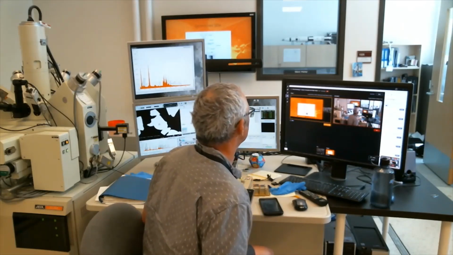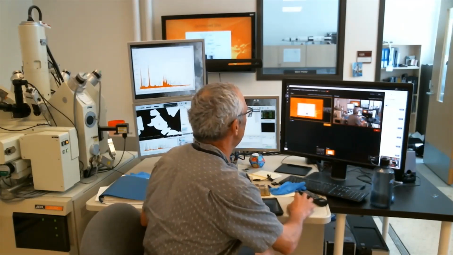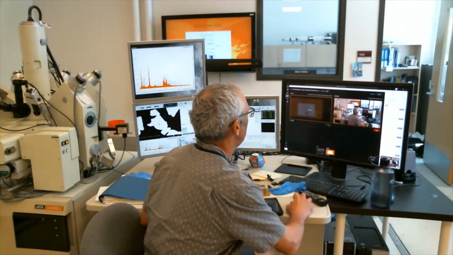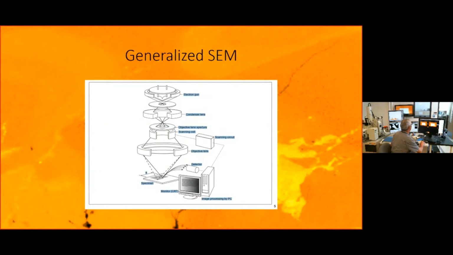This we will talk a little bit about. So this is a generalized SEM column. The only thing you've got to know is that we've got an electron source up here, which looks a lot like a light bulb. It's a tungsten wire to a point. We heat that up to about 2700 Kelvin, put it in a strong potential field, and we can draw electrons off that.